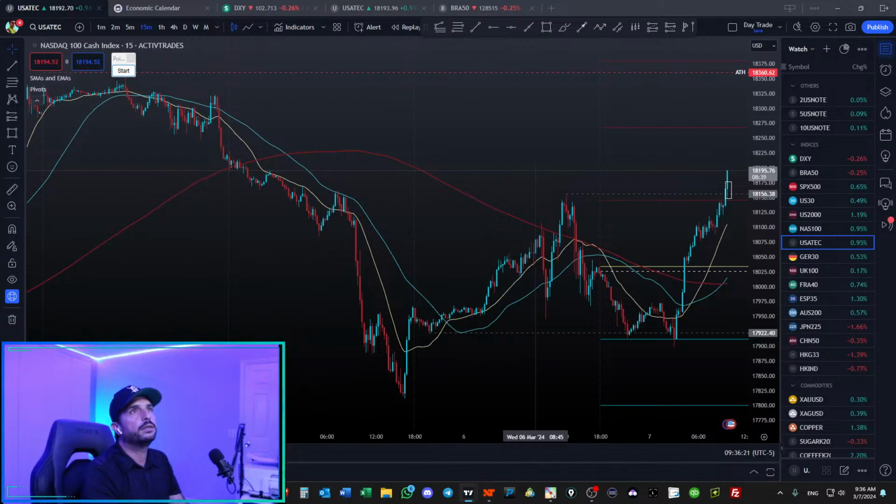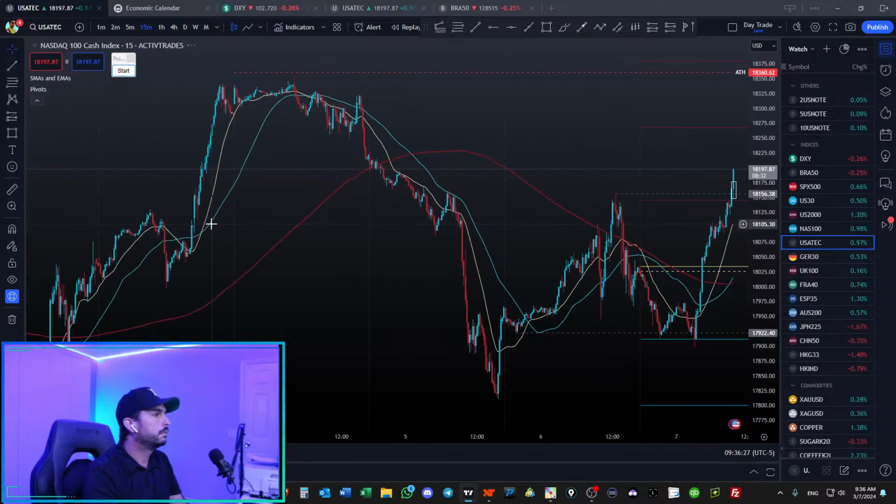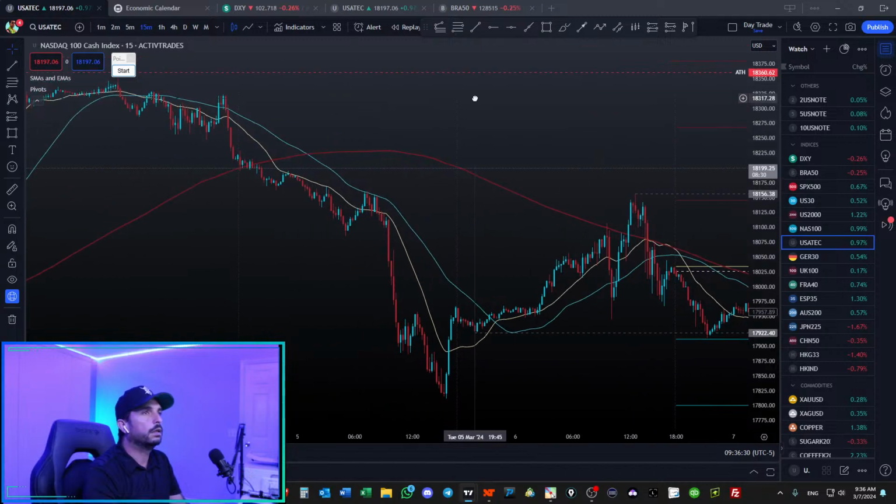We already passed the order block that was there, a lot of volume, so it didn't close that order block. The sell-in order block is still there.